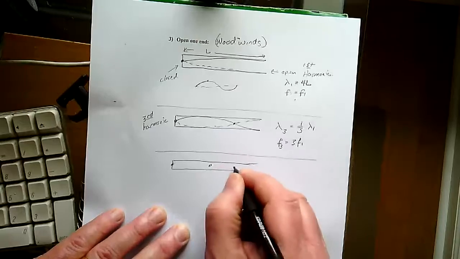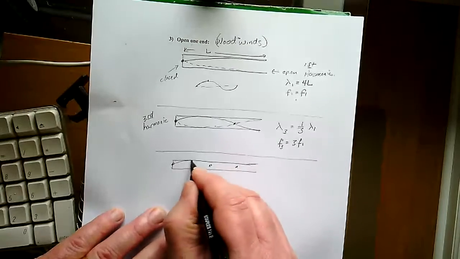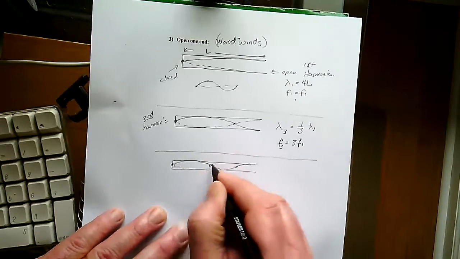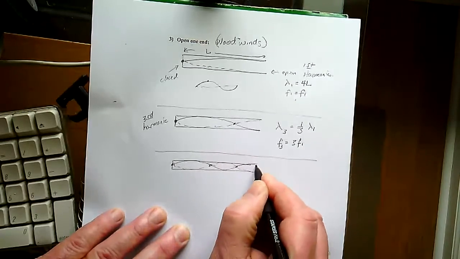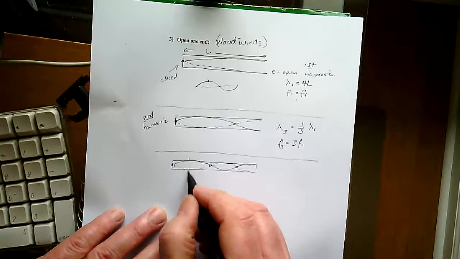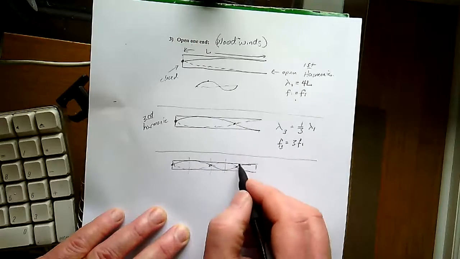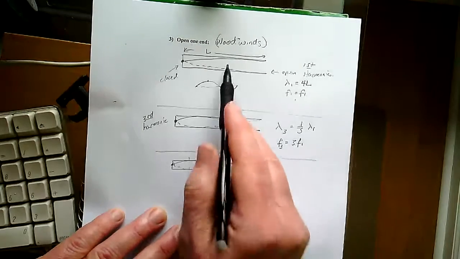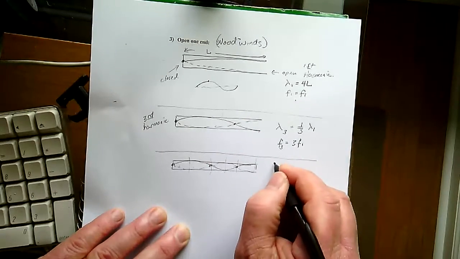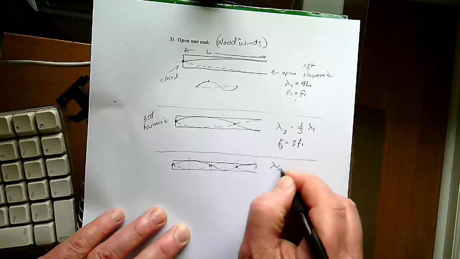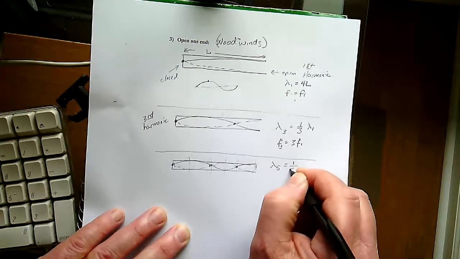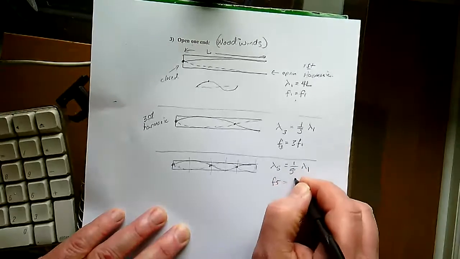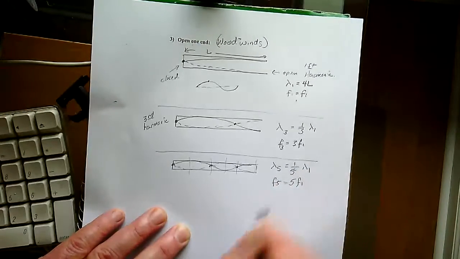And then for the next one after that, add one more node, something like this, and I get this shape. Again, if I divide it into quarters, it's 1, 2, 3, 4, 5 quarters, whereas this was 1/4, so there's a factor of 5 in there. So wavelength 5 is equal to 1/5 of wavelength 1, and frequency 5 is 5 times the fundamental frequency.